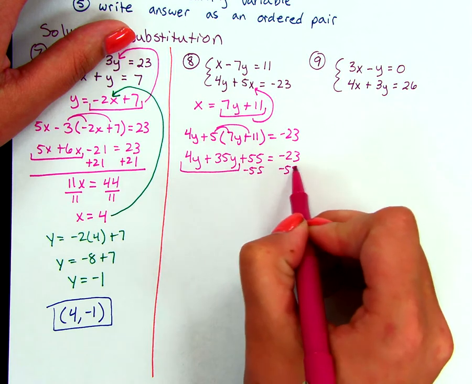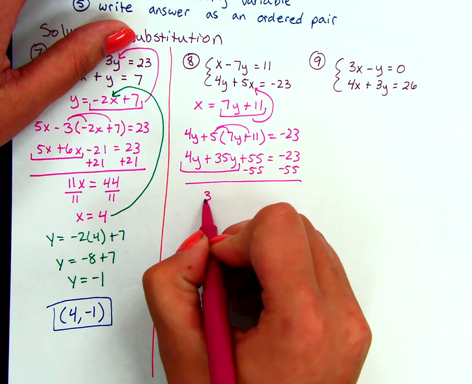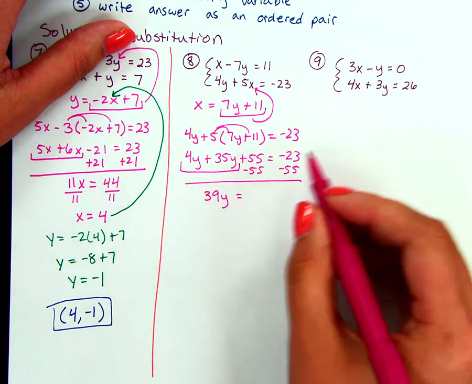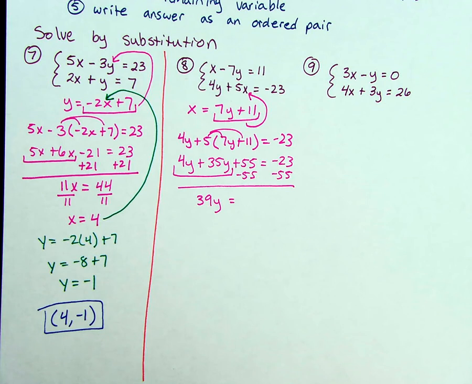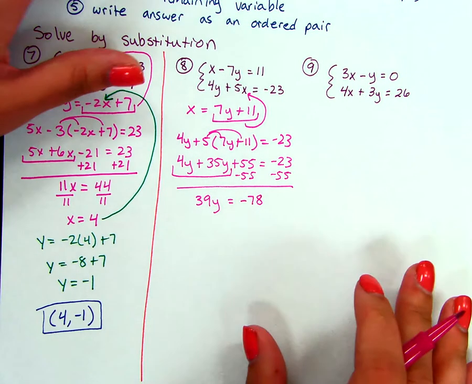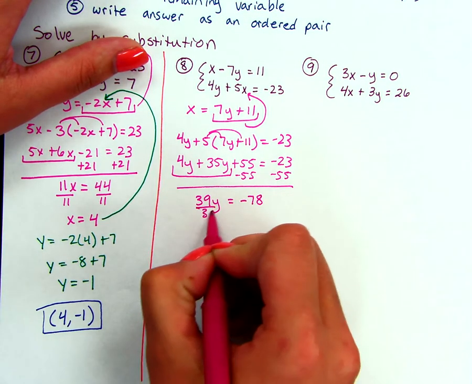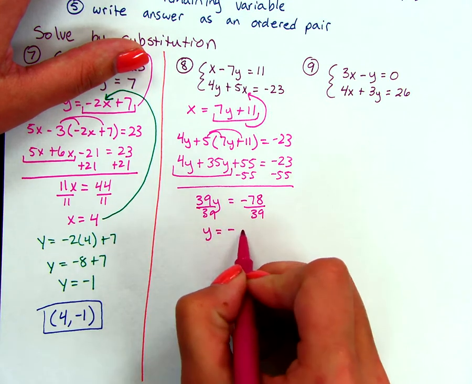So we're going to subtract. So 4 plus 35 is 39. Negative 23 minus 55 is going to be negative 78. And then we're going to divide by 39. So y equals negative 2.